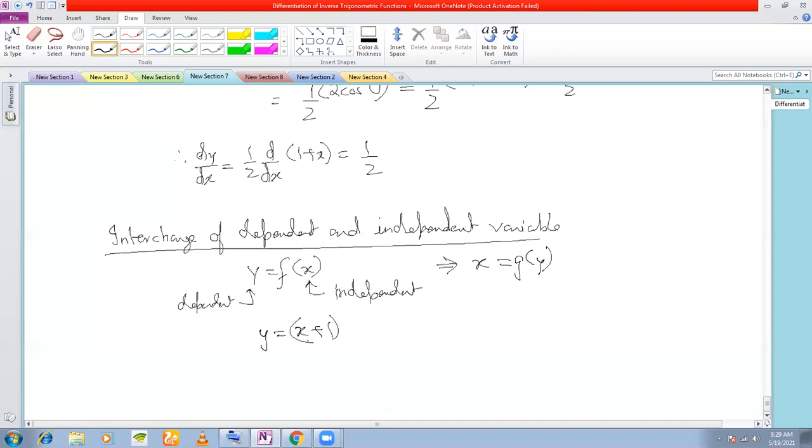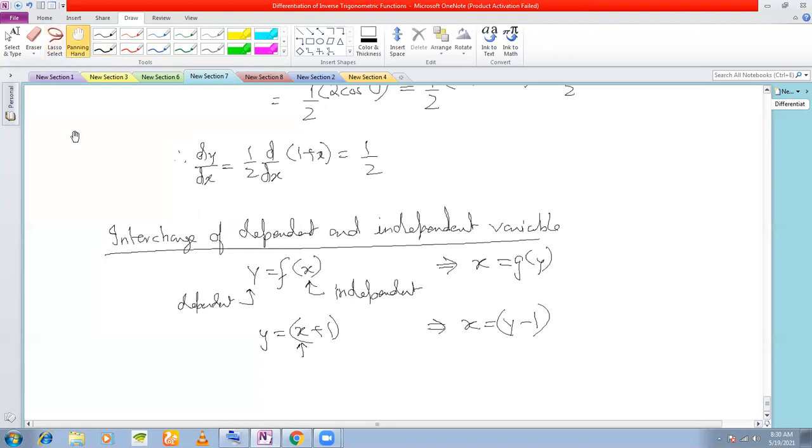Here x is an independent variable. If I want to make x the dependent variable, I can write this as x is equal to y minus 1, right? So y now becomes my independent variable.